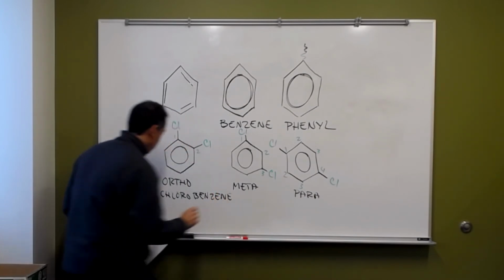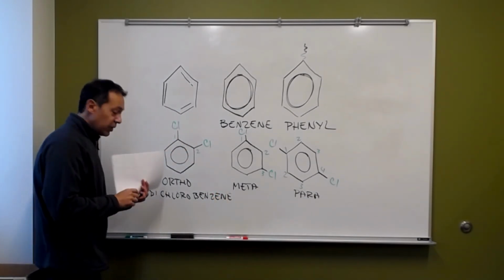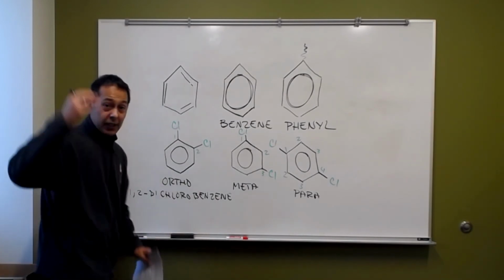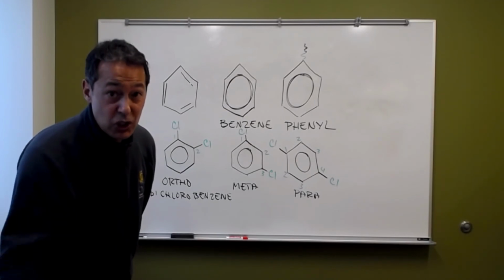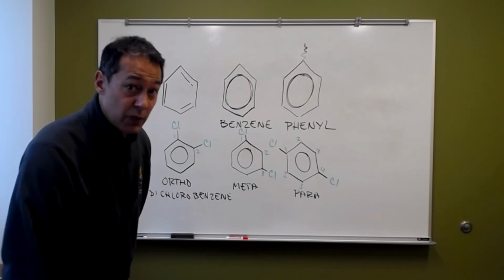Okay, 1, 2 dichlorobenzene. That would be correct. But you see, some of these molecules got named a long time ago and the name stuck. So there's another name for this molecule.